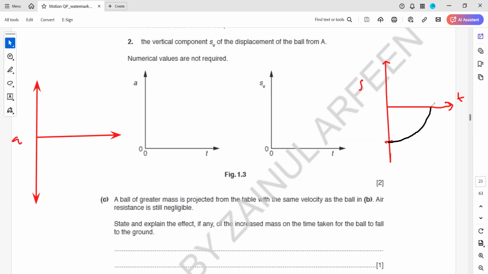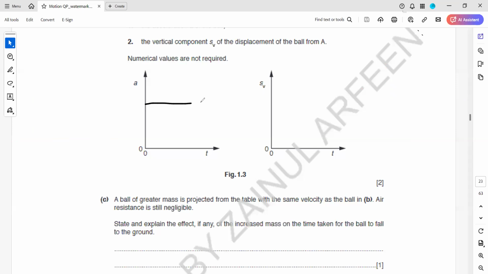It shows the slope is increasing. So the graph here is the acceleration, no change, and the displacement is zero at the beginning, then it is increasing, and the velocity is also increasing, so the slope should increase.